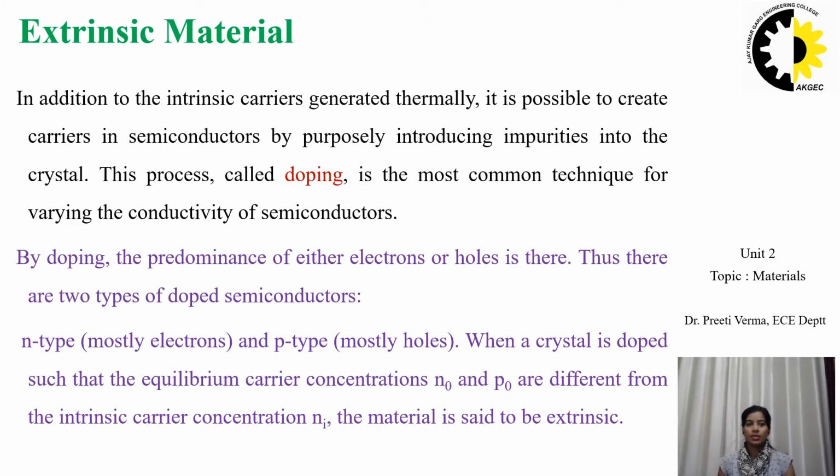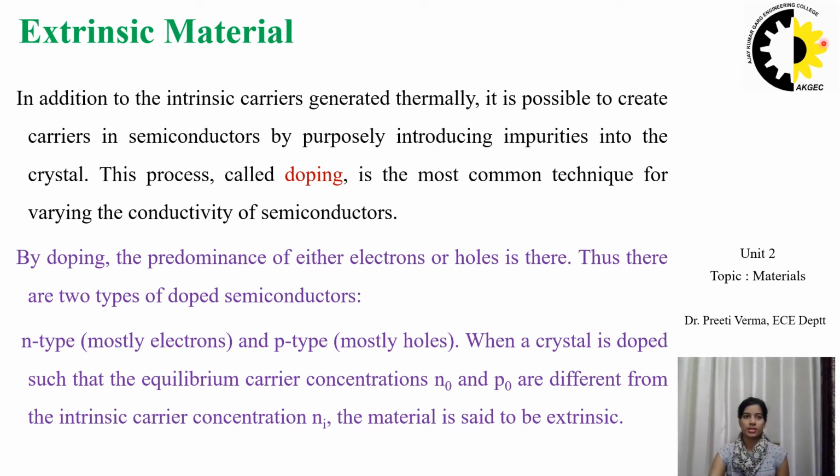What is extrinsic material? In addition to the intrinsic carriers generated thermally, it is possible for us to generate a concentration of electrons and holes by externally adding some impurity to the intrinsic material. The process of adding impurities to the semiconductor is called doping.